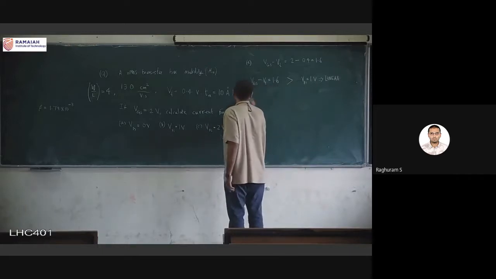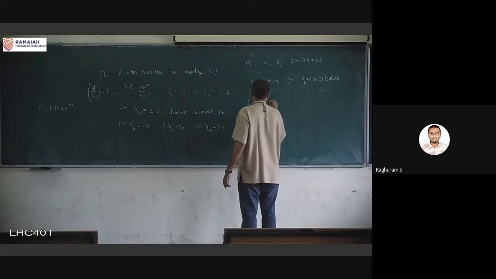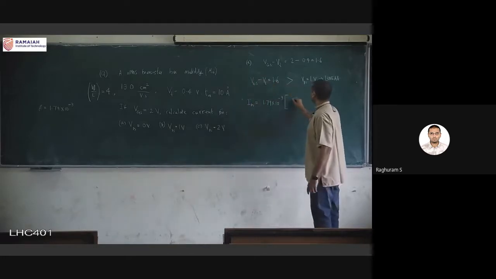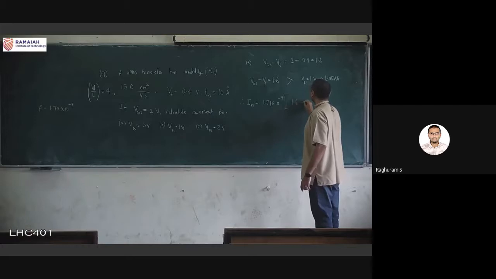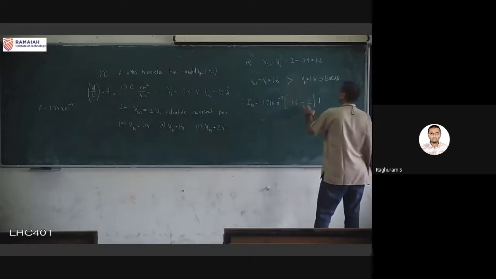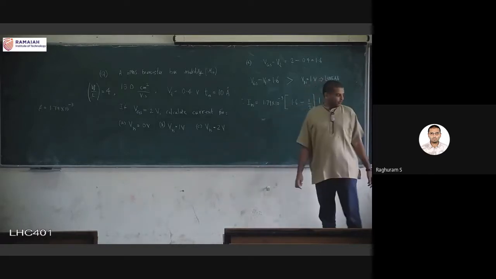Therefore IDS equal to beta, which is 1.79 into 10 power minus 3, into VGS minus VT 1.6 minus VDS by 2 into VDS, equal to, so this is just 1.6 minus 0.5 into 1, so 1.79 into 1.1.